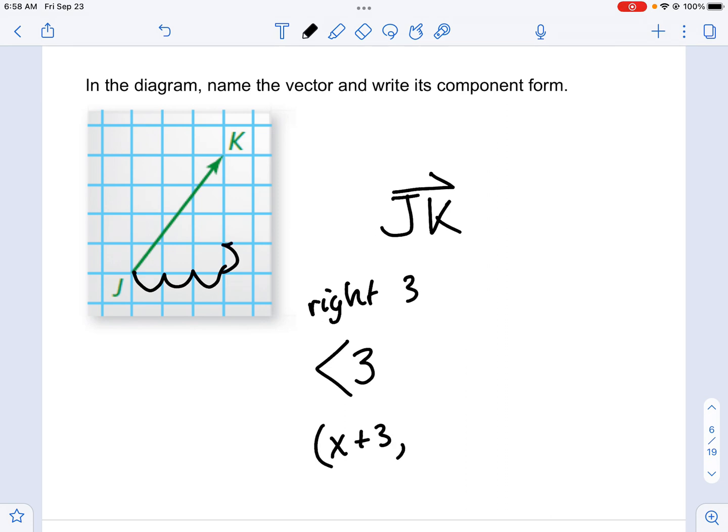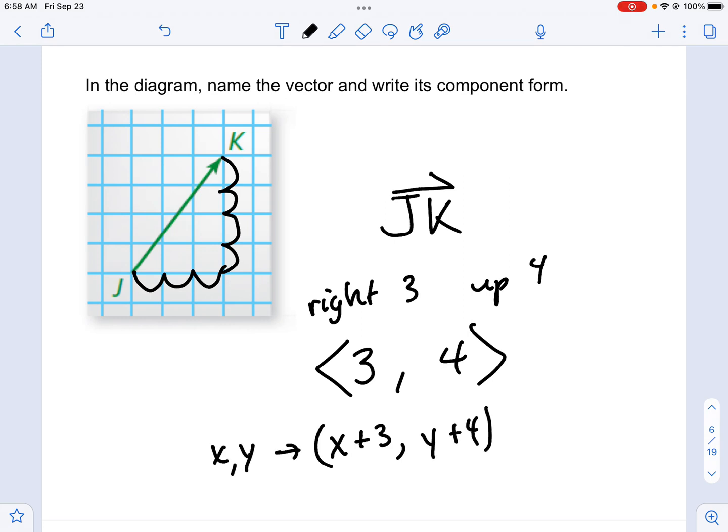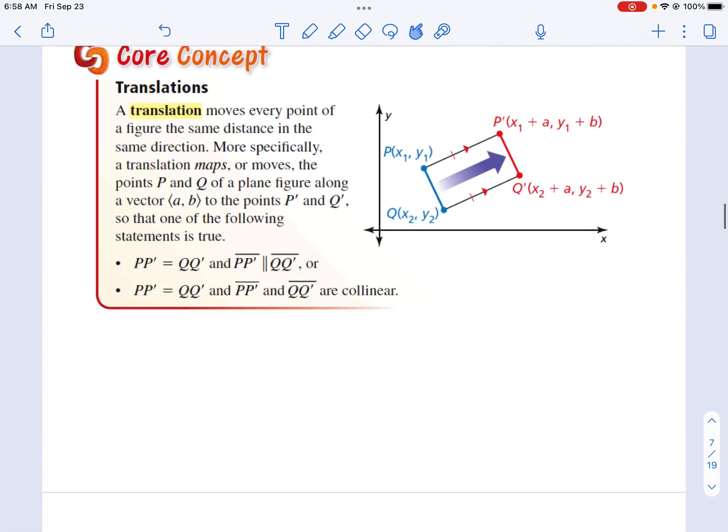And then up 1, 2, 3, 4. So positive 4, or add 4 to your y. And again, this is what we call component form. And this is the rule. Okay, so, nothing too crazy there. Just how do you get from start to finish?